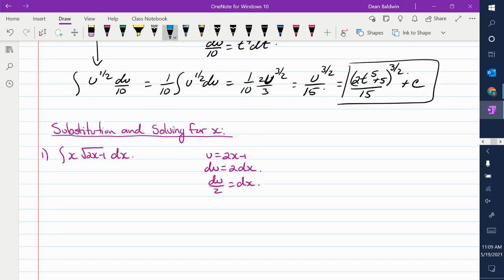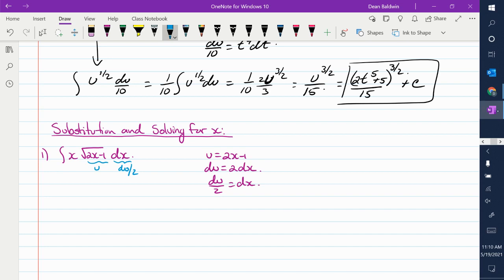So now, this here is du over 2. That is u. But what's the problem? We still have this x here. You can't have two variables. Okay? You can only have one. So we need to get rid of that x. We need to figure out a way to make a substitution on the x. How can that involve u? How can we do that?